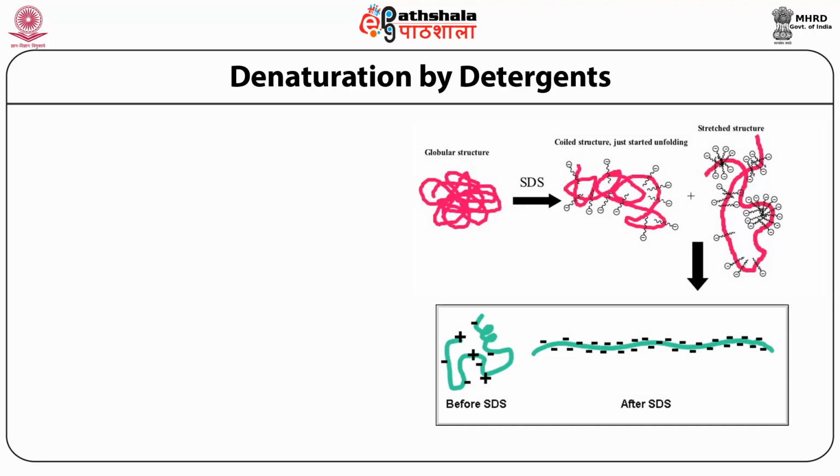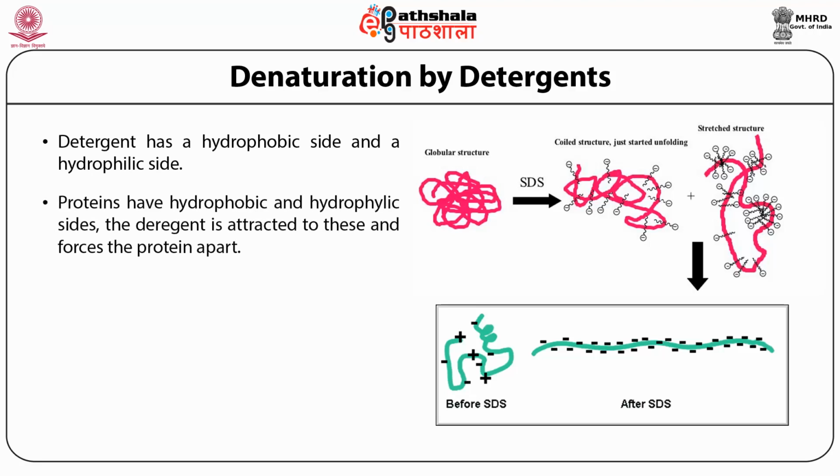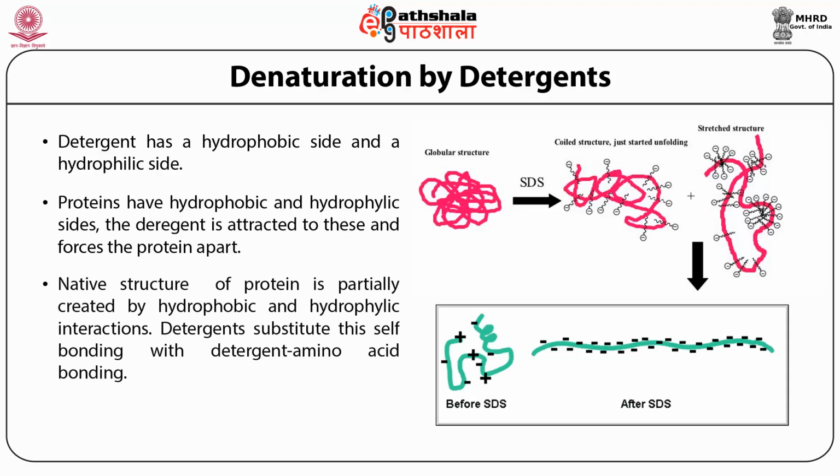Here we discuss the denaturation of protein by detergent. Detergents have hydrophobic as well as hydrophilic side chains. Proteins have hydrophobic and hydrophilic side chains, and the detergent is attracted to these and forces the protein apart. The native structure of protein is partially created by hydrophobic and hydrophilic interactions.